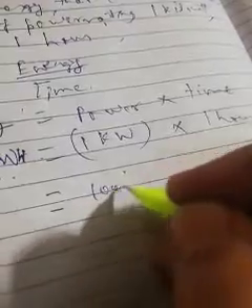If you want to understand this, you have to do this multiplication. One kilowatt is 1000 watt. 1 hour means how many seconds? 3600 seconds. Second into watt is joule.